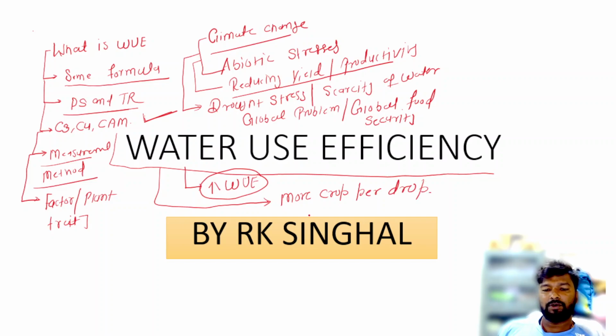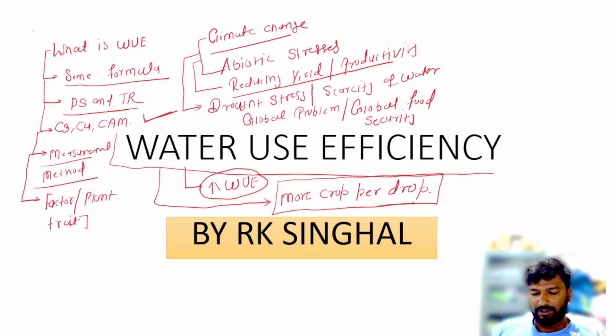Okay, so this is the main motto of increasing the water use efficiency. Okay, so we will start with what is water use efficiency. So as the name shows, water use efficiency.